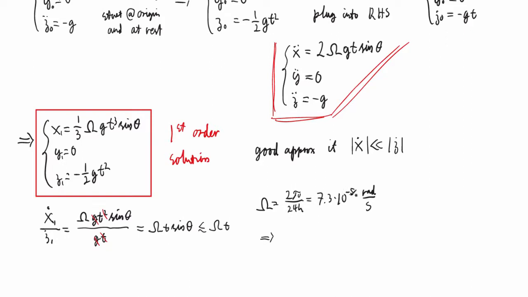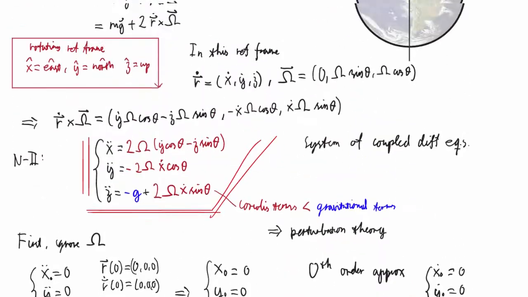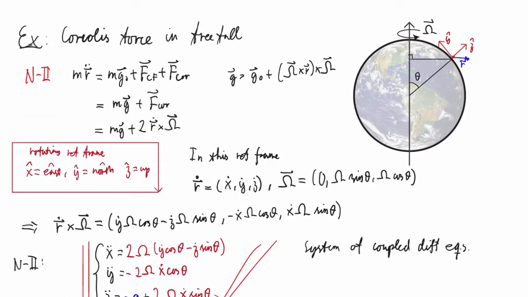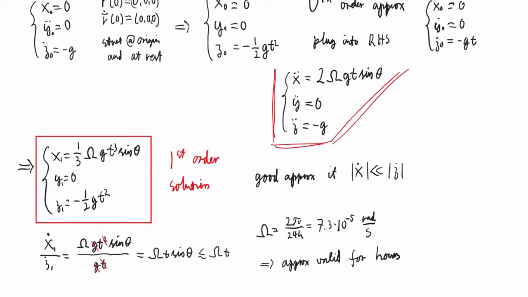If I take this and multiply by a number on the order of 10,000, it's still pretty small. And that's reasonable then to use this approximation, because an object that you release in freefall will typically only fall for a few minutes at the most, and for that reason we don't have to do anything more complicated in order to solve this equation.